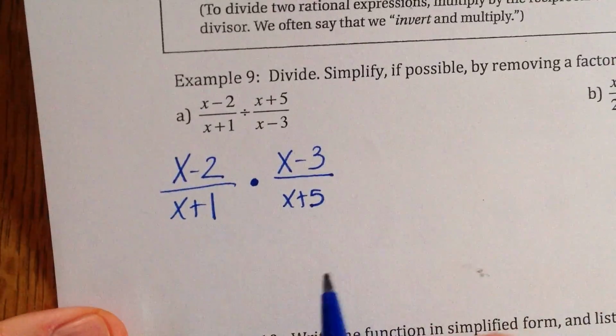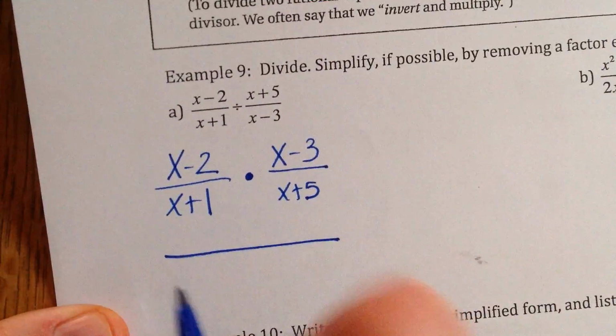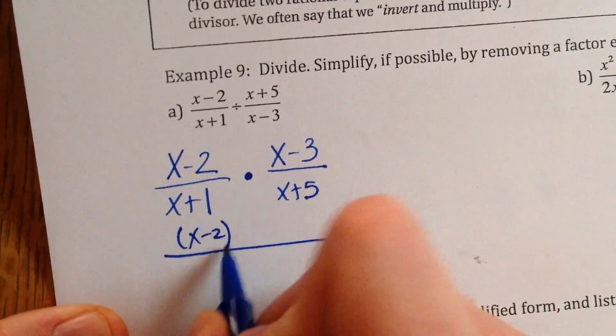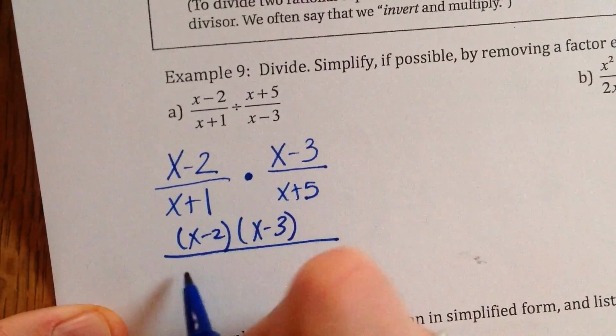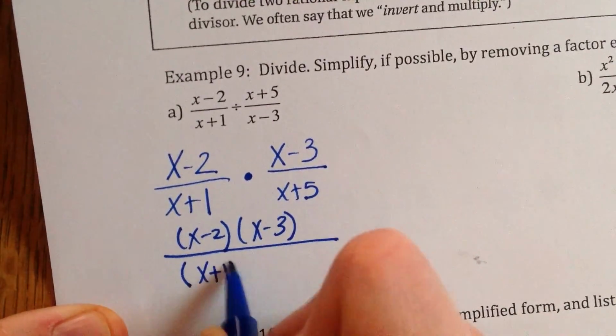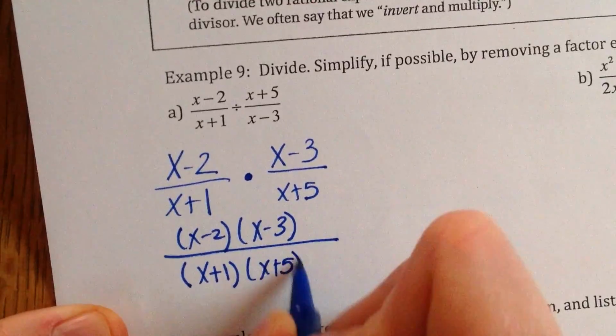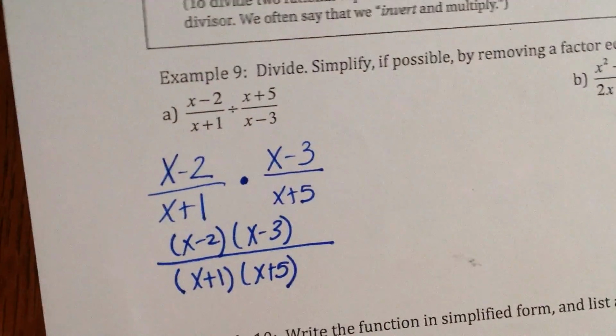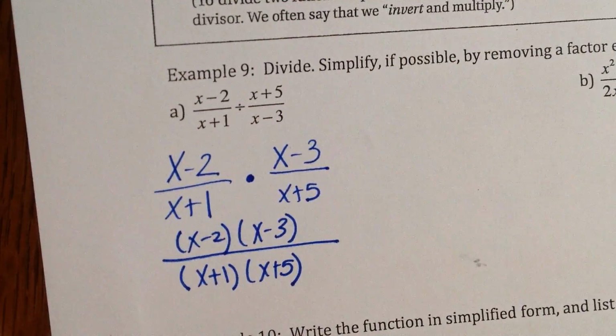So now we treat it the same way. We make one numerator, x minus 2 times x minus 3 over x plus 1, x plus 5. None of these can cancel out because none of them match.